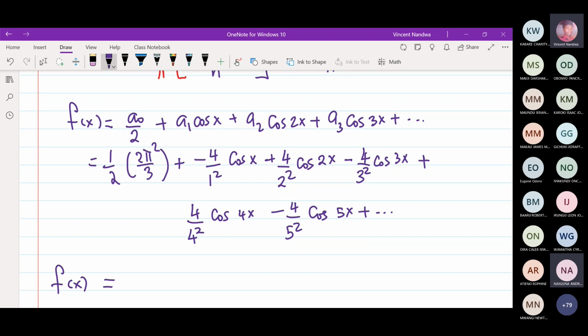So a half of 2 pi squared over 3 is pi squared over 3. So I can factor out -4. Then my first term in brackets will be cos x.